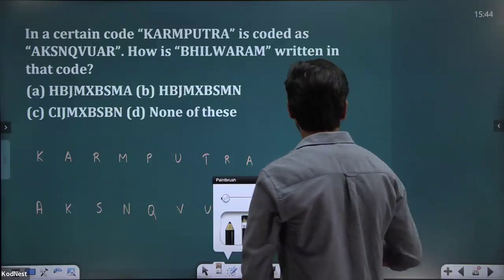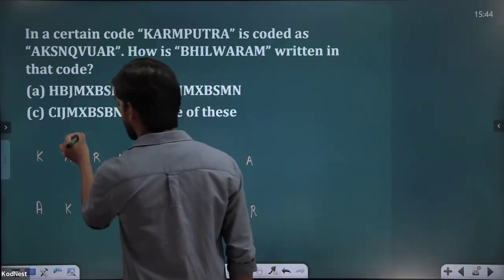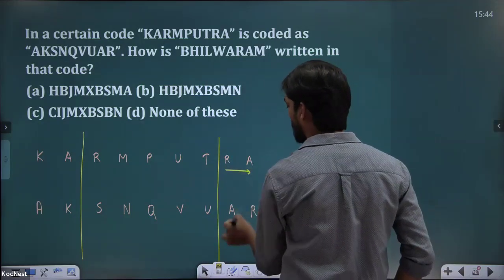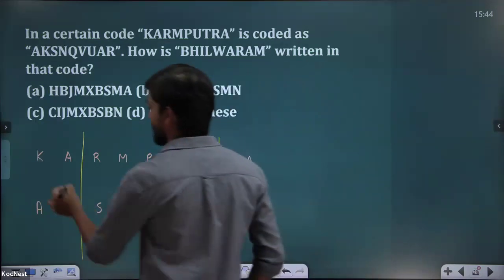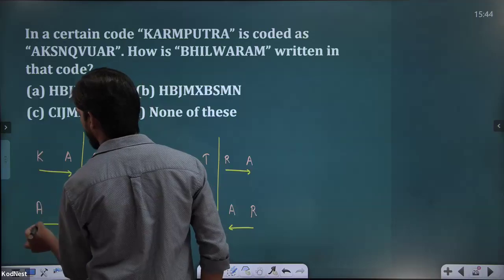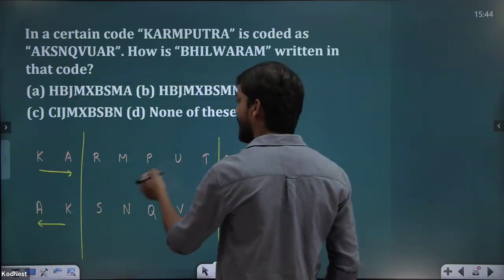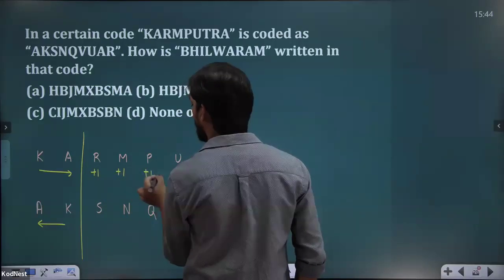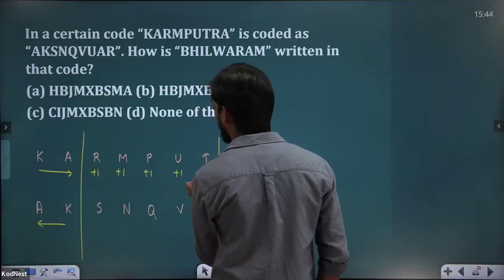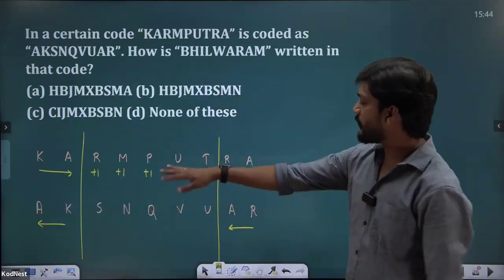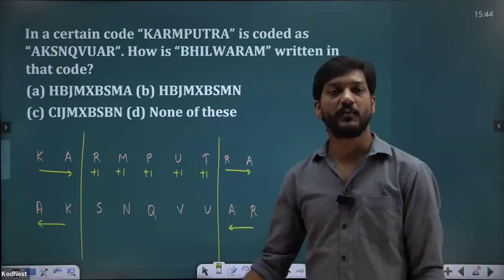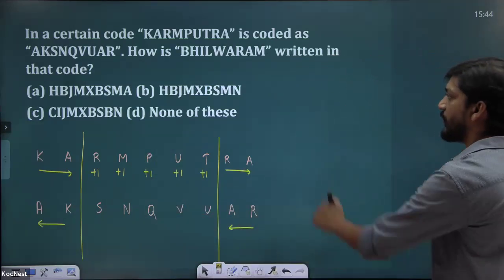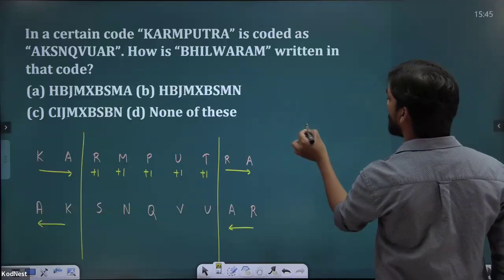So you are saying, sir, first two and last two, this is reverse. Sir, this is also reverse. And here we are doing plus one. R, S, M, N, P, Q, U, V, and T. Sir, first two, last two is something different, but middle letters are having the next letter pattern. Okay. The same we have to apply to Bhilvaram.